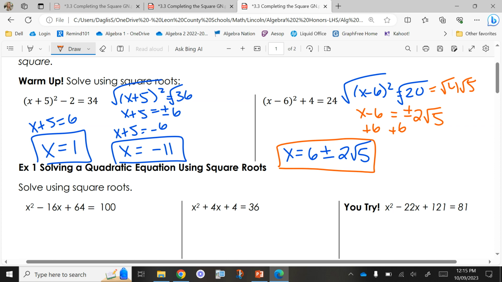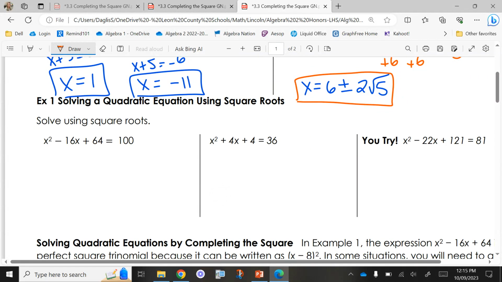Okay. So my first example here says solve using square roots. I have x squared minus 16x plus 64 equals 100. Looking at my trinomial that I have, it's a special trinomial. If I asked you to factor this and said what multiplies to give you 64 but adds to give you negative 16, what would you tell me?